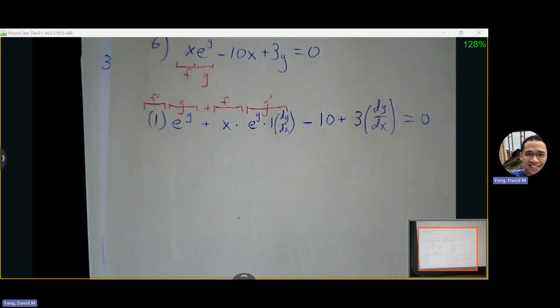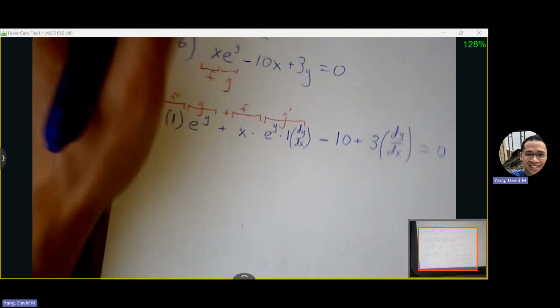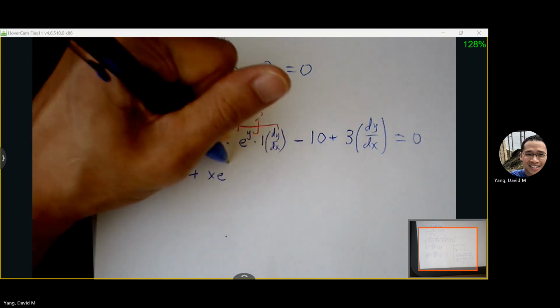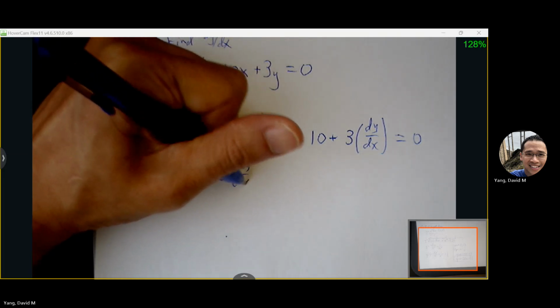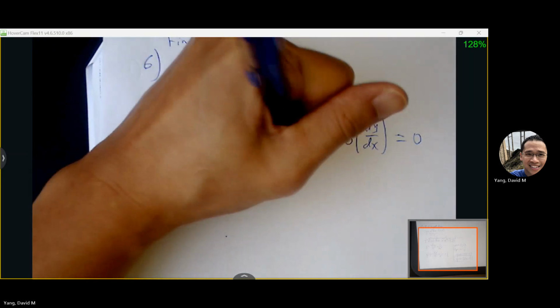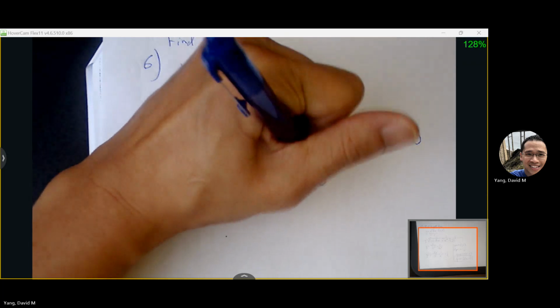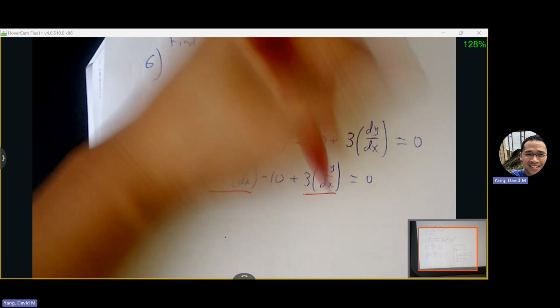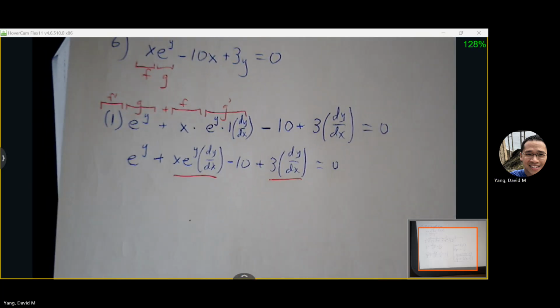Now we're just trying to figure out how can I arrange these in a way where I can group the dy dx terms together so I can factor it out, and I just have to get that by itself. Okay, so now it's just clean up. So I see two terms that have dy dx connected to them, so I want to leave these on the left side. That way, I can eventually factor that out and get that by itself.